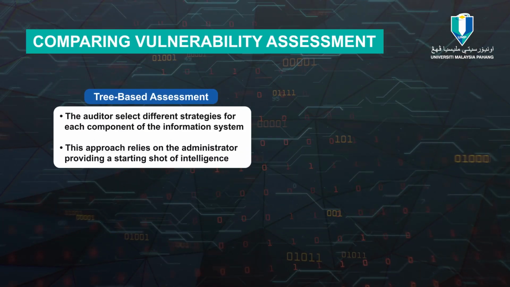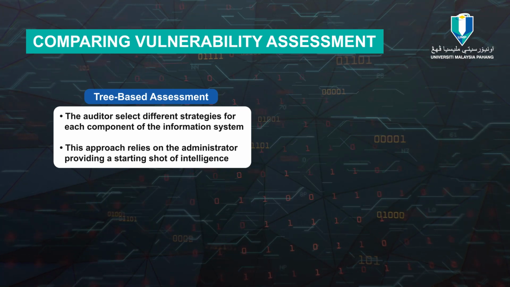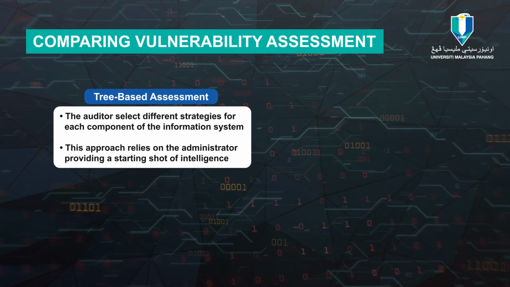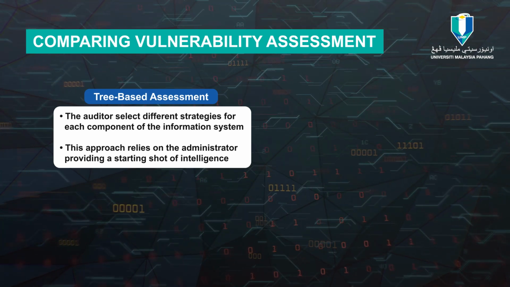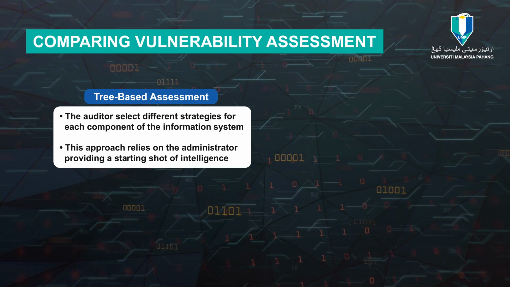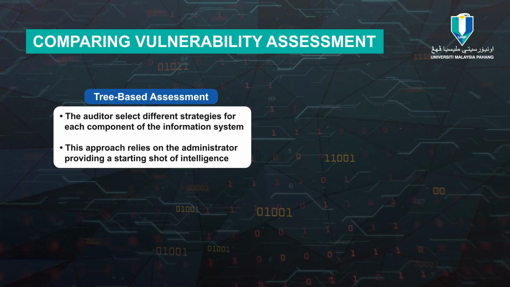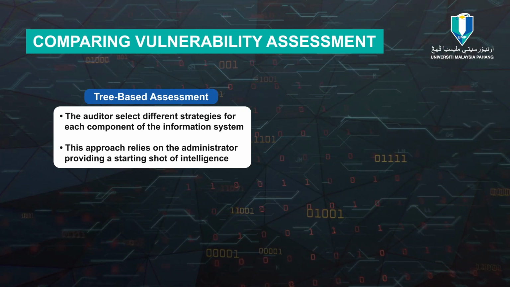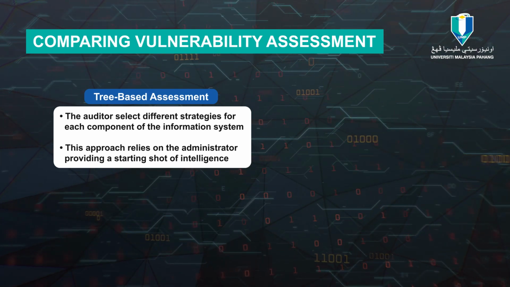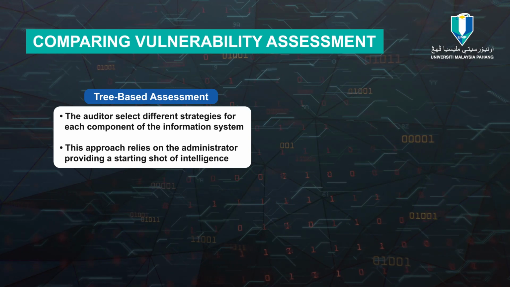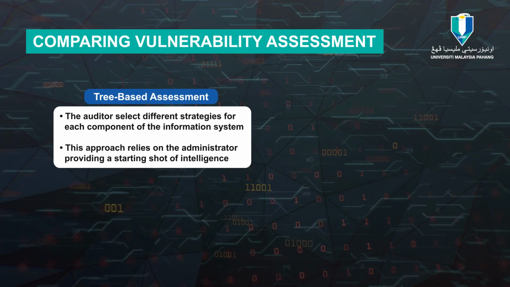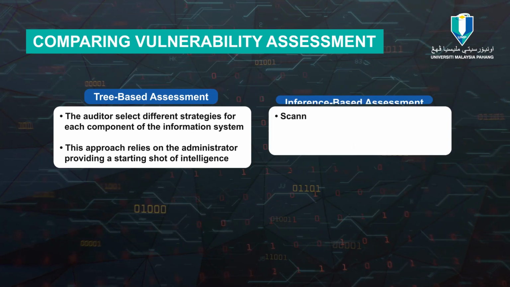Tree-based assessment: the auditor selects a different strategy for each machine or component of the information system. For example, the administrator selects a scanner for a server running Windows, database and web services, and uses another scanner for the Linux server. This approach relies on the administrator providing a starting piece of intelligence and then scanning continuously without incorporating any information found at the time of scanning.